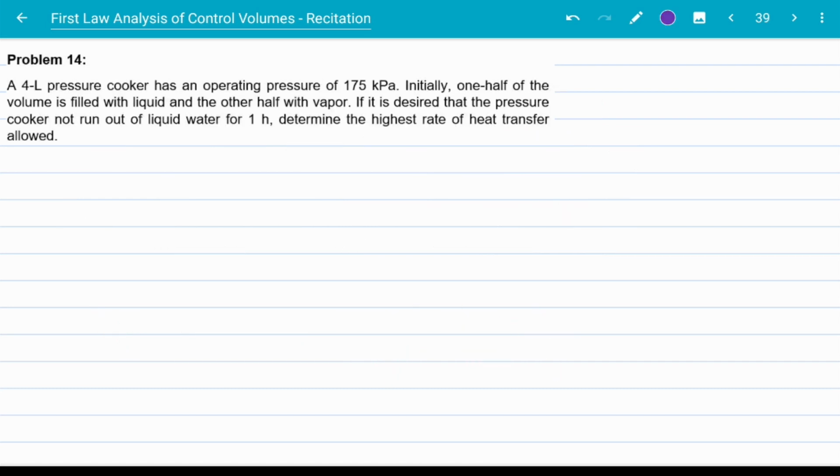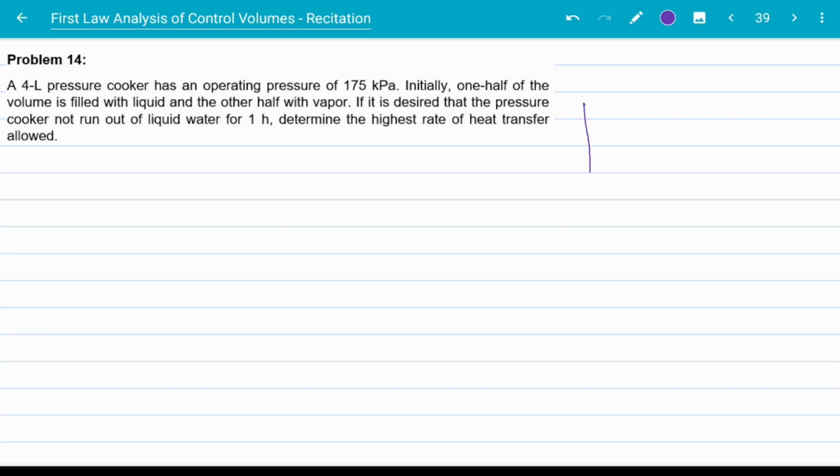Problem 14. The 4-liter pressure cooker has an operating pressure of 175 kilopascals. Now, initially, one half of the volume is filled with liquid and the other half with vapor. If it's desired that the pressure cooker not run out of liquid water for 1 hour, determine the highest rate of heat transfer allowed.